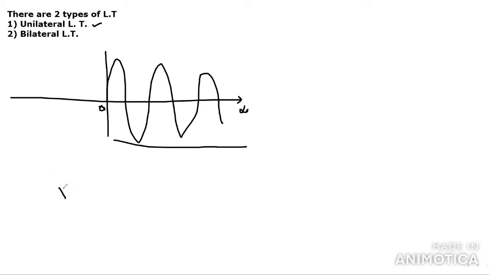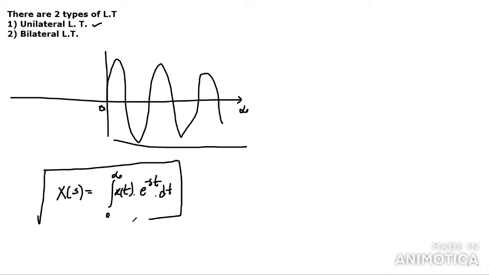In equation form, x of s is equal to the integral from 0 to infinity of x of t e power minus st dt. This representation exists from 0 to infinity only, not from minus infinity to plus infinity.